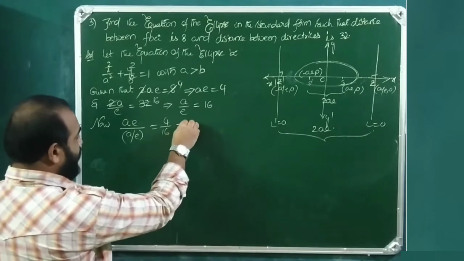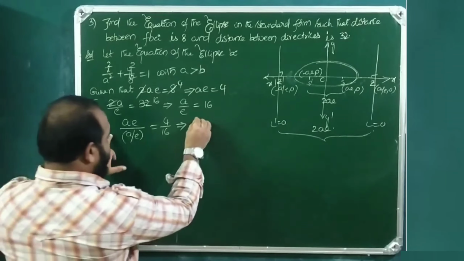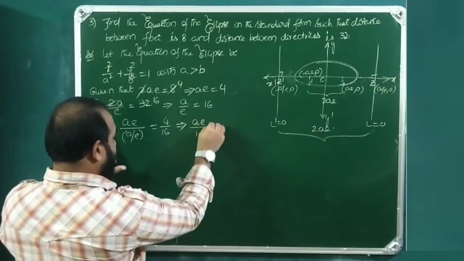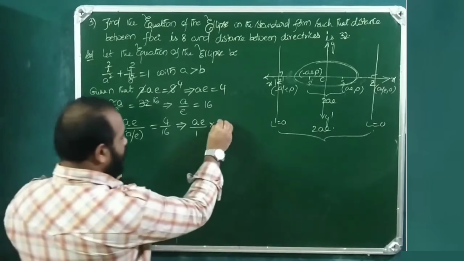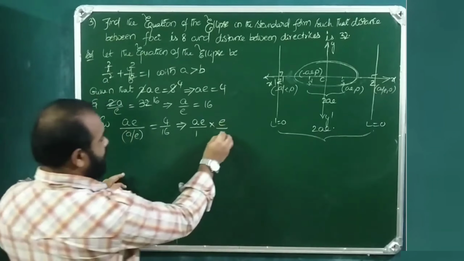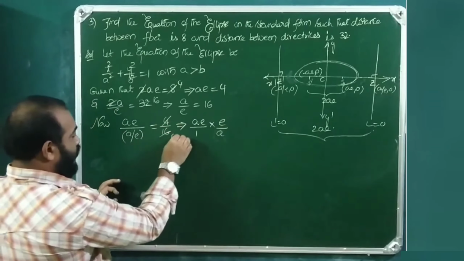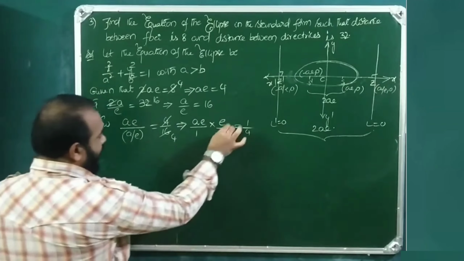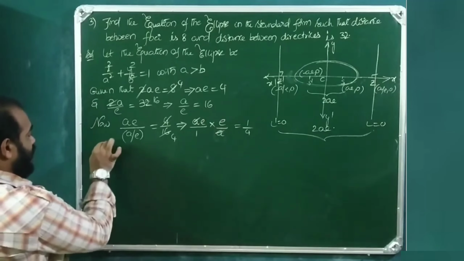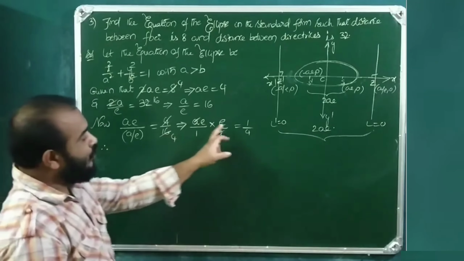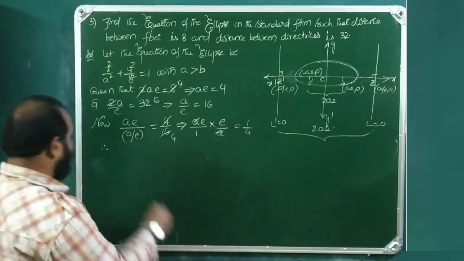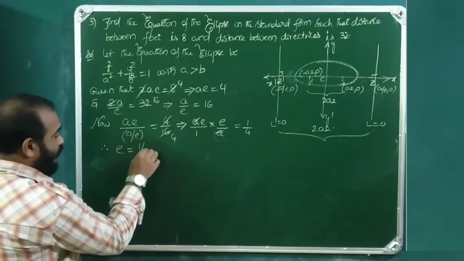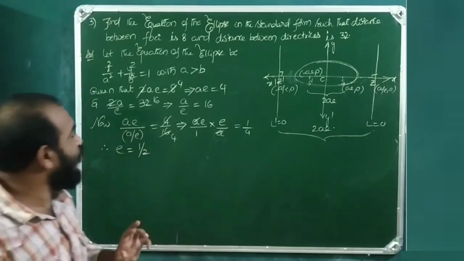From this, AE by 1 into E by A gives E square, which is 4 by 16, that is 1 by 4. Here A gets cancelled, therefore E square is 1 by 4, therefore E is equal to 1 by 2. So E we got.